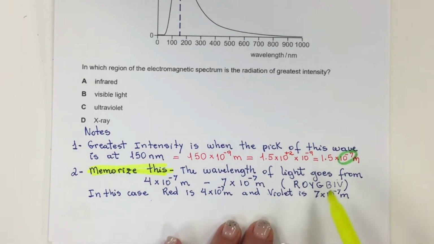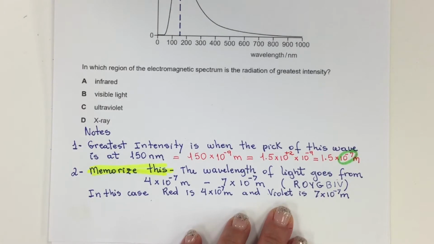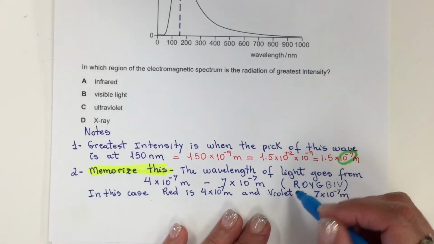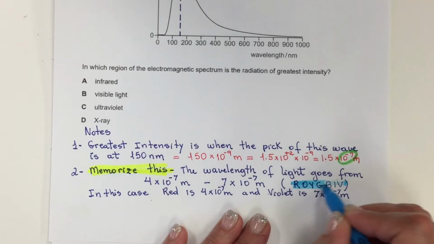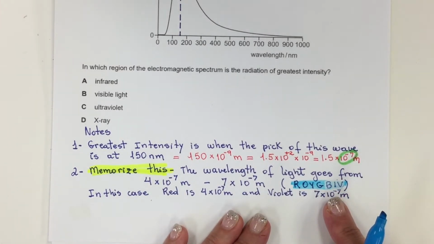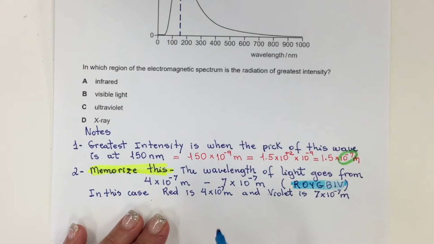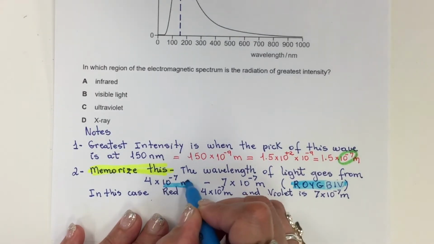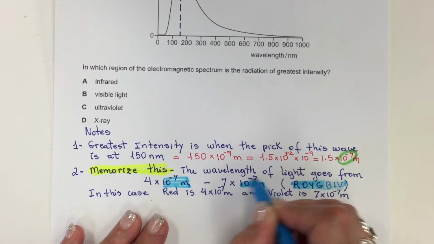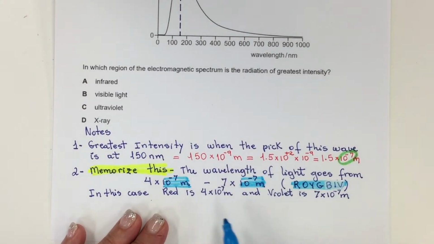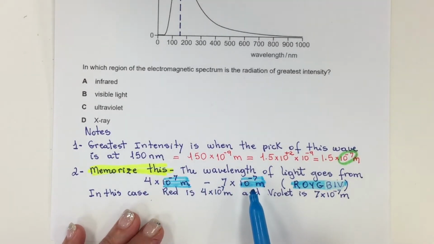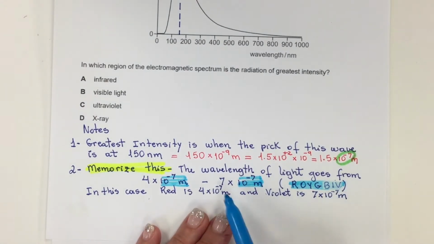This range corresponds to the color of light, Roy G. Biv. So all colors of light are at this range, 10 to the minus 7. In this case, red is 4 times 10 to the minus 7, and the other extreme is the violet, which is 7 times 10 to the minus 7.